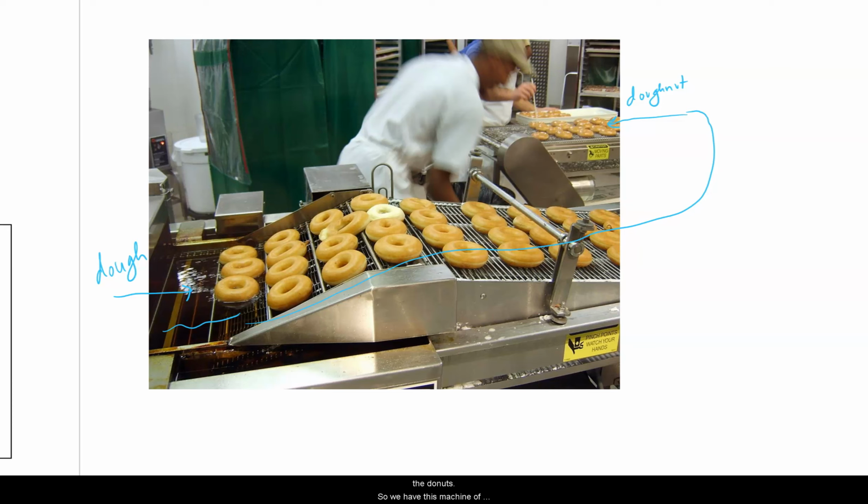So we have this machine of an input value and an output value. This is a function. The dough goes in, the function does something to it. It fries it and then makes it yummy and puts sugary glaze on it. And then the finished product comes out and we have our output.